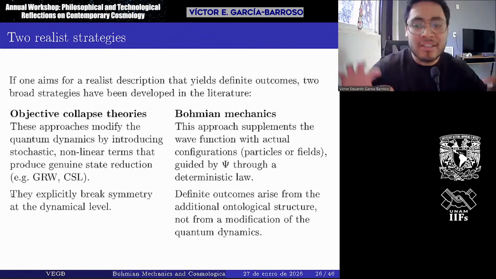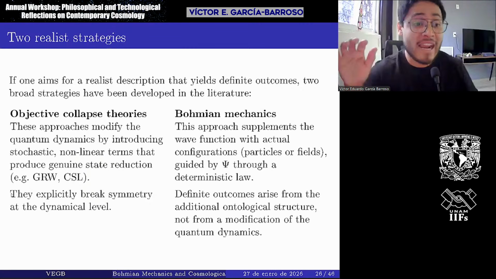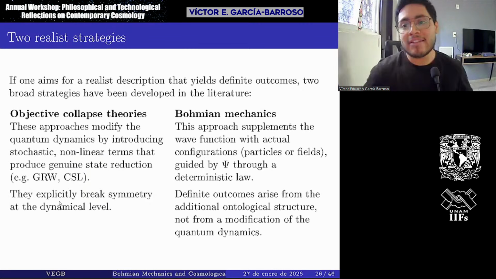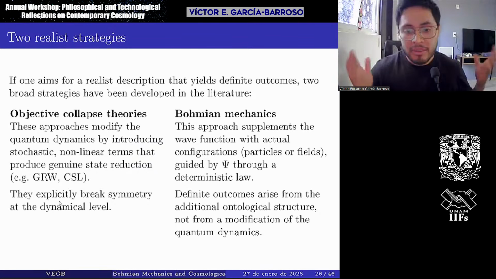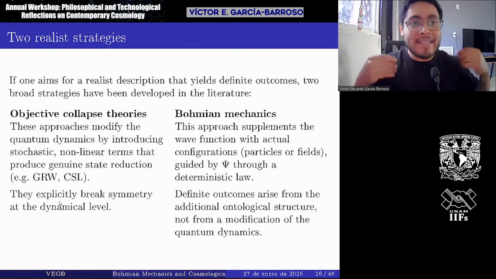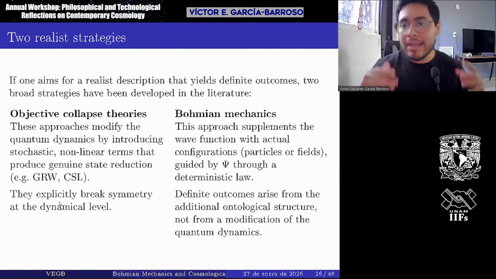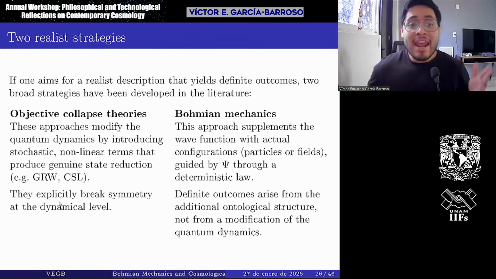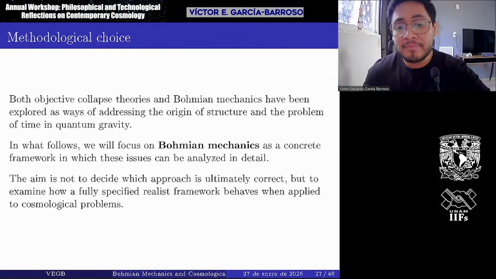We change the Schrödinger equation to force a collapse, and we have models like GRW, CSL. Well, the other is Bohmian mechanics. We keep the equation and we add more variables, particles or fields, and in quantum gravity it's the three-geometry that describes reality.